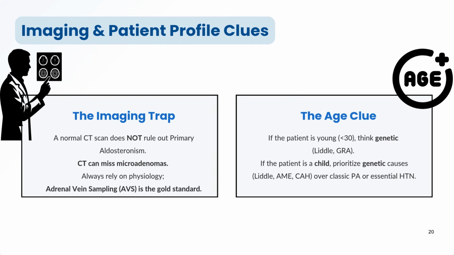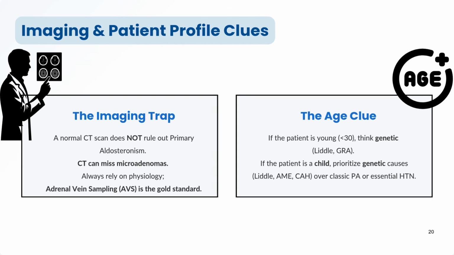Now let's talk about two major clues, imaging and patient profile, because this can completely shift how you interpret the triad. First, the imaging trap. This is a classic mistake. A normal CT scan doesn't rule out primary aldosteronism. CT is great for many things but can easily miss microadenomas, which are often the real culprit in primary aldosteronism.